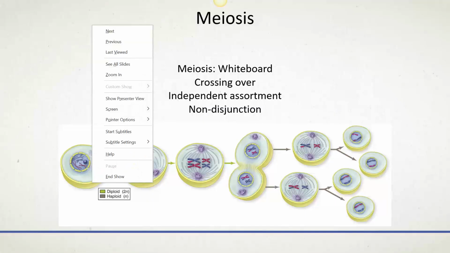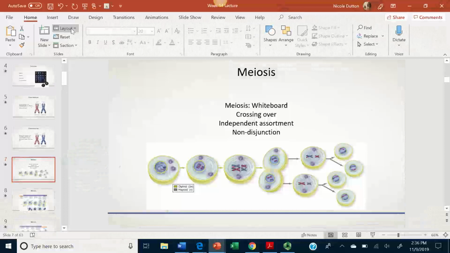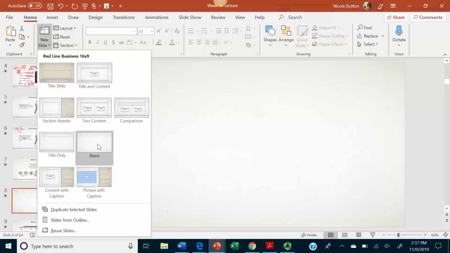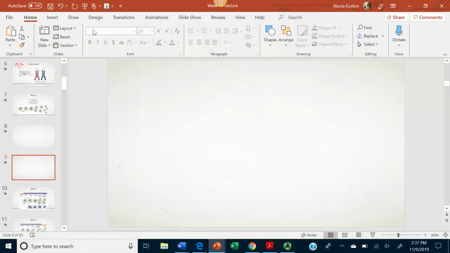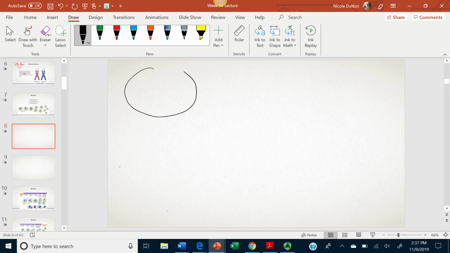So meiosis. Let's start talking about the process of meiosis, and I'm going to draw it out a little bit. So we have a cell with a nucleus, and there's 46 chromosomes in here.